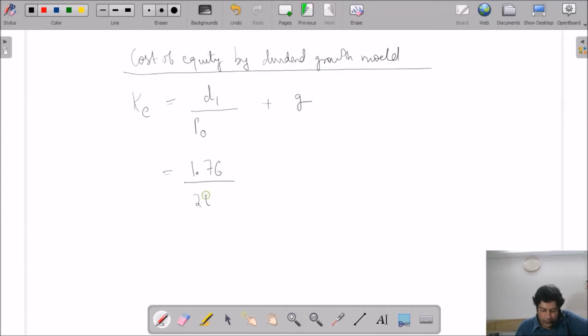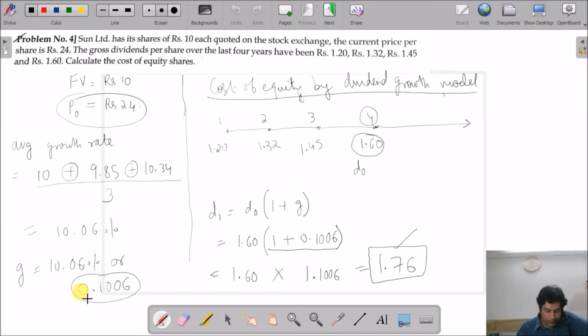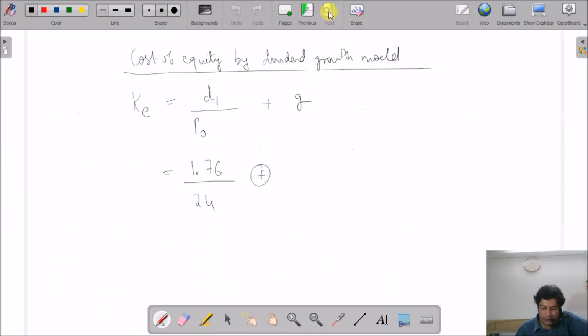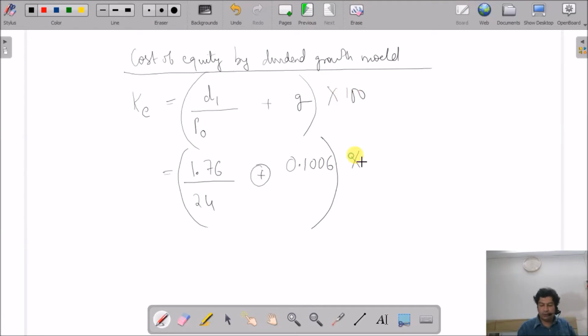So we are going to write here 24 plus the growth rate, which is 0.1006, and this entire thing we are going to multiply by 100 so that there is no confusion. 1.76 divided by 24 plus 0.1006, multiplied by 100. So I'm going to get 17.39% as my cost of equity.